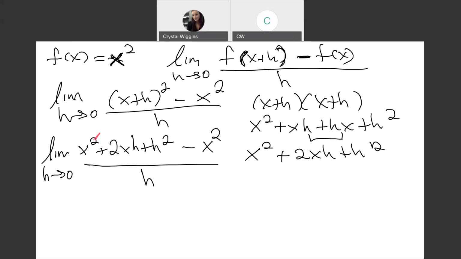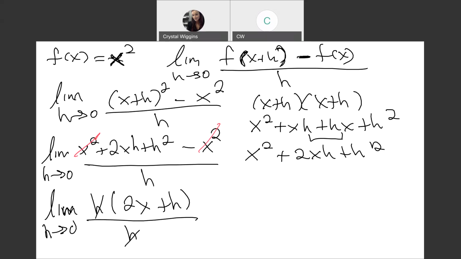My x squared terms cancel, and no surprise, I'm left with only terms with h in it, allowing me to factor my numerator, specifically factoring out an h so I can cancel it with the h in the denominator, eliminating my problem with dividing by 0.